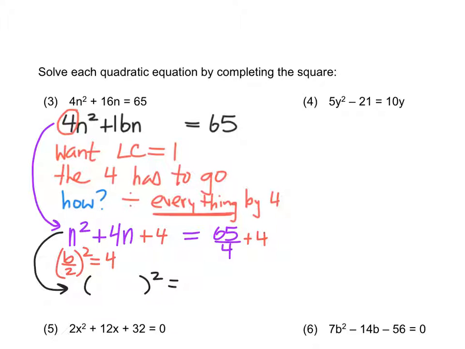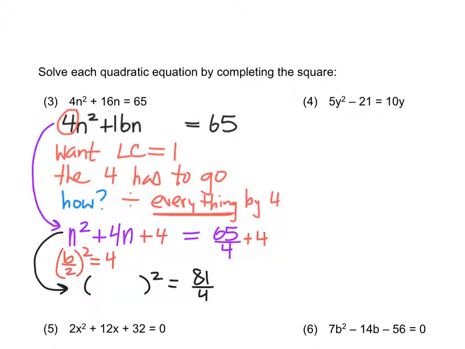What do you get when you add 65 over 4 and 4 together? Oh, no. Can't add fractions without a common denominator. 81 over 4, yeah.